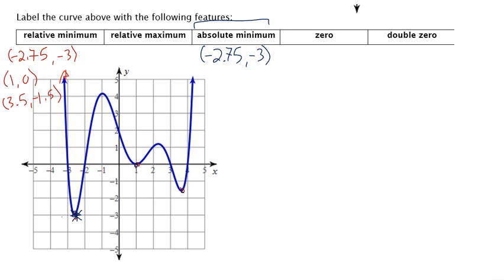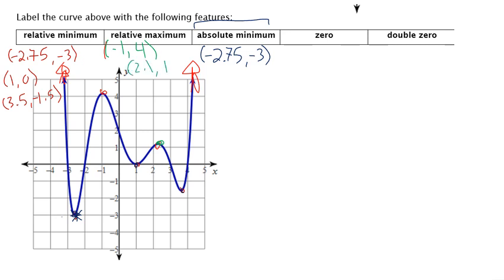For the maximums, there actually isn't an absolute maximum because you could see it goes off the graph, right? So it has a relative max, maybe at these 2 points where it goes high and then goes low again. And so I maybe have a relative max at -1, 4, and then another one at maybe 2, 11.